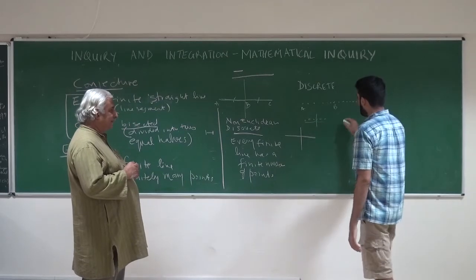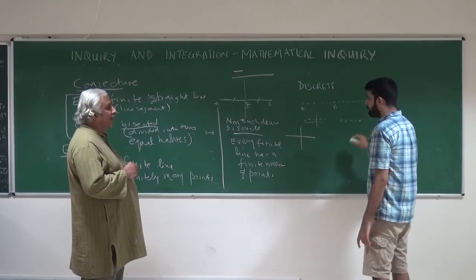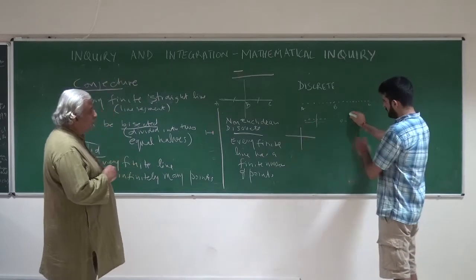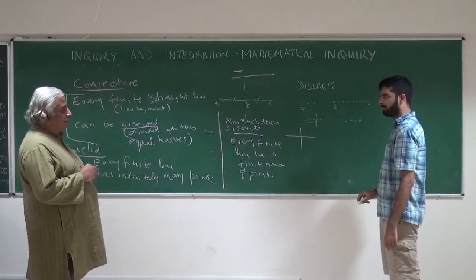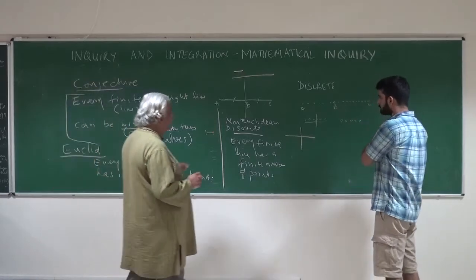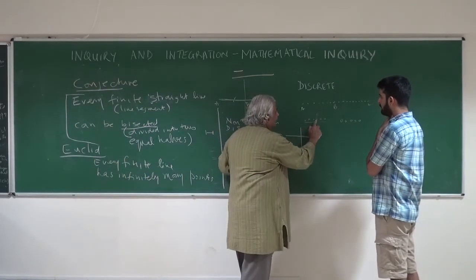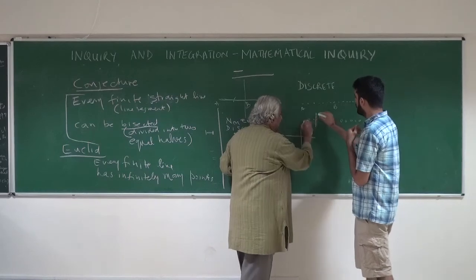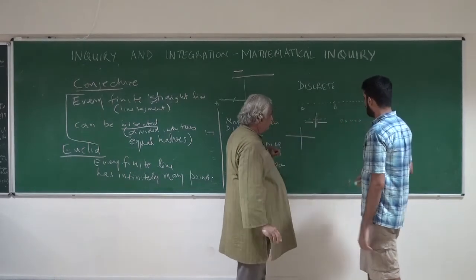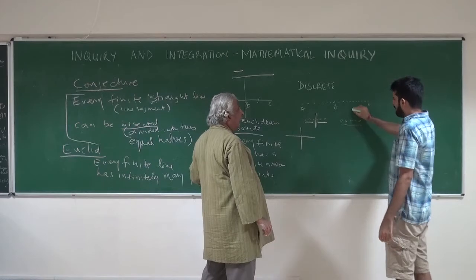But now if you have 5 points, by the definition of divided into two equal halves, you can't break it into two equal halves. If there are 6 points, you will do it here, and 3 here and 3 here. If you have 5 points, now you can't. They can't go through a point.